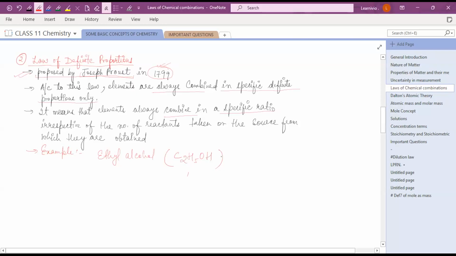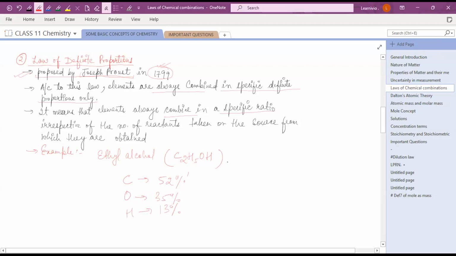Ethyl alcohol or ethanol, both are same. So here you can see the carbon composition. Ethyl alcohol is formed by the combination of 52% carbon, oxygen 35%, and hydrogen 13% by weight.